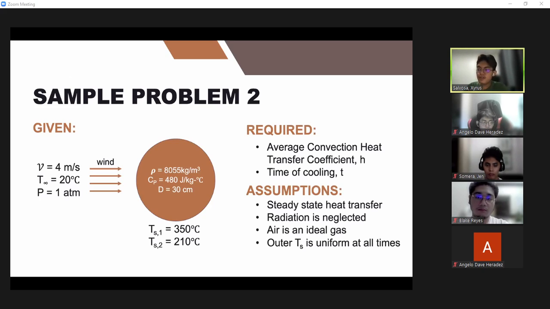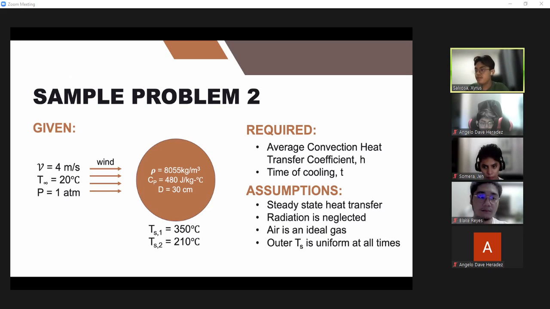The problem was illustrated as shown on the figure displayed on the screen with its corresponding given. Air is at 20 degrees Celsius and 1 atmospheric pressure with a uniform velocity of 4 meter per second. The diameter of the sphere ball is 30 centimeters or 0.30 meters with a surface temperature of 350 degrees Celsius.